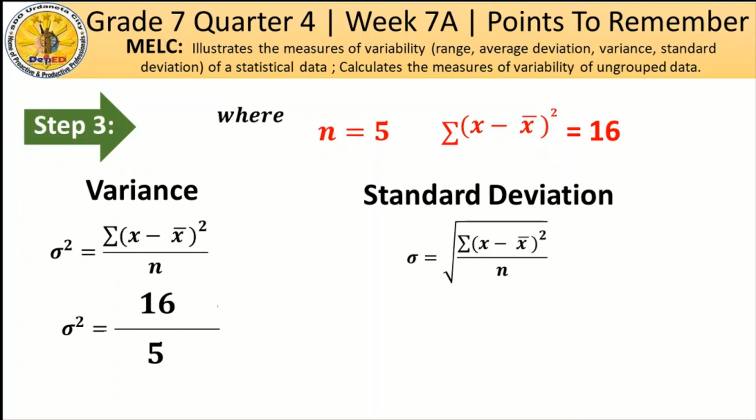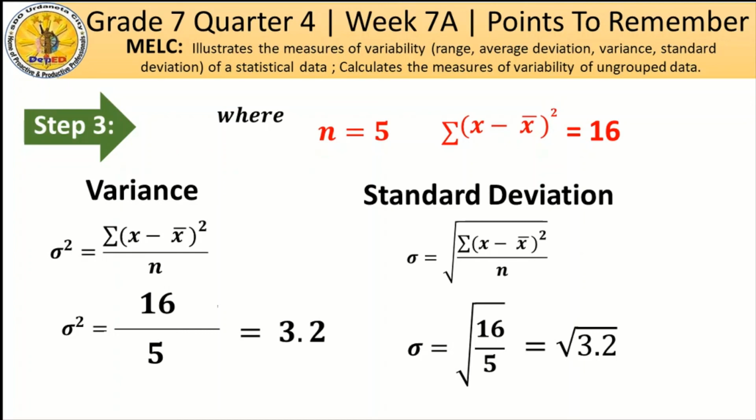So, 16 divided by 5 gives us 3 and 2/10. And for standard deviation, we will just take the square root of the variance. So, the standard deviation is the square root of 16 divided by 5 or the square root of 3 and 2/10, or 1 and 79/100.